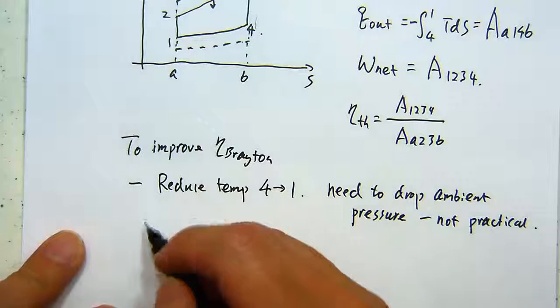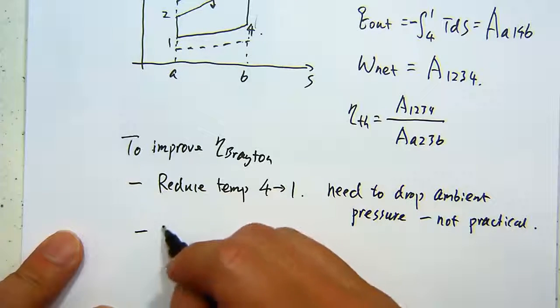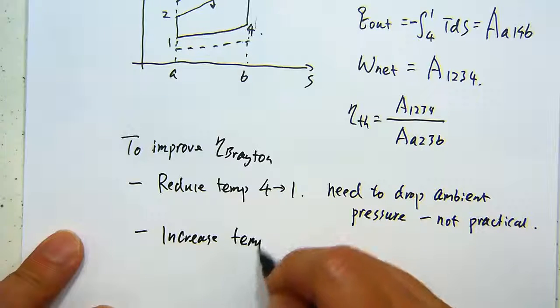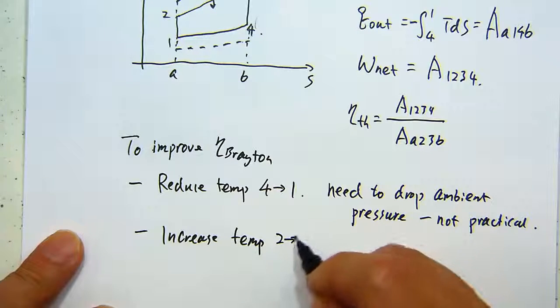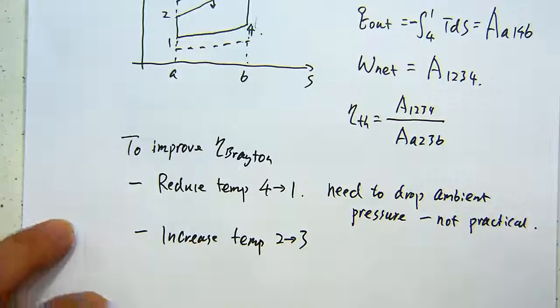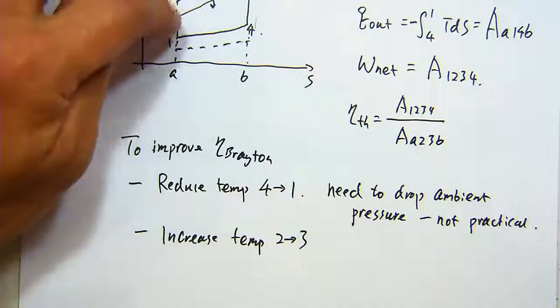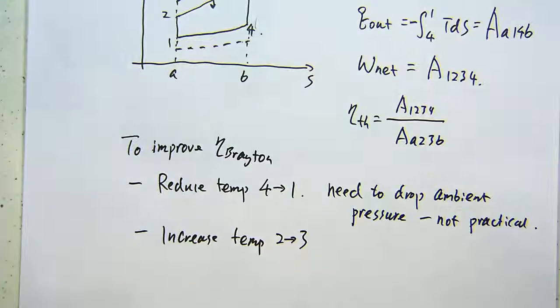So the other one is to increase the temperature from 2 to 3. This basically says that during the heat addition, first you compress to high pressure, and then you add the external heat at higher pressure.